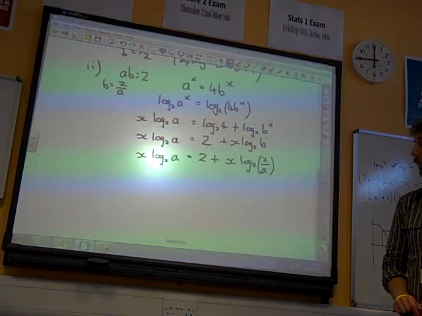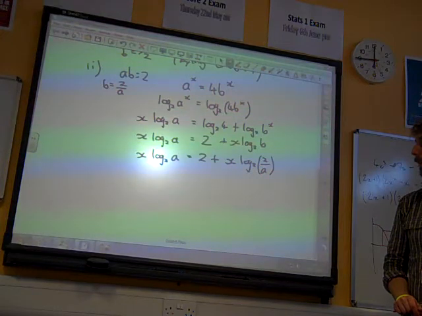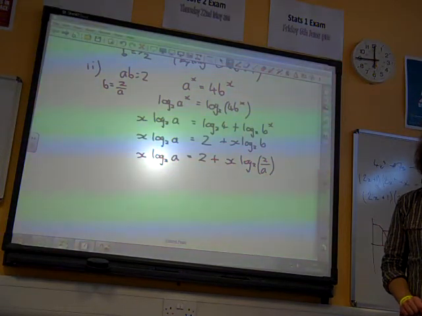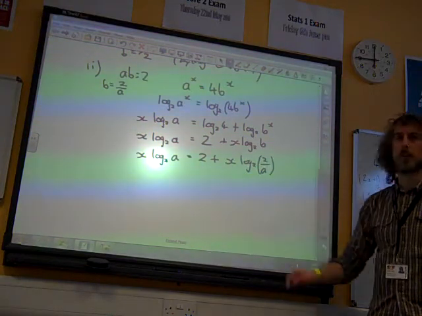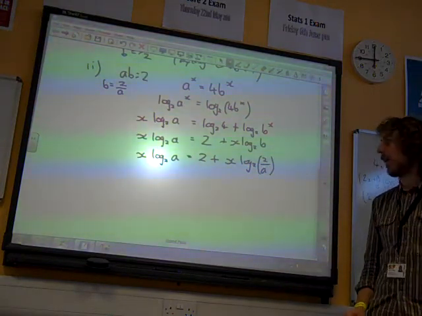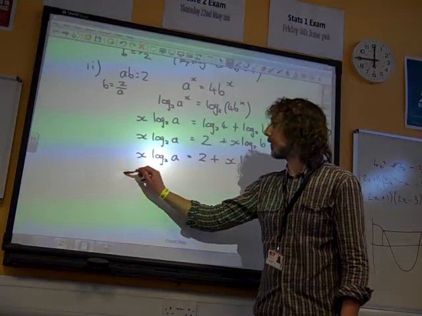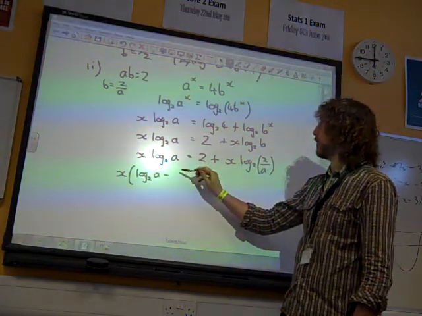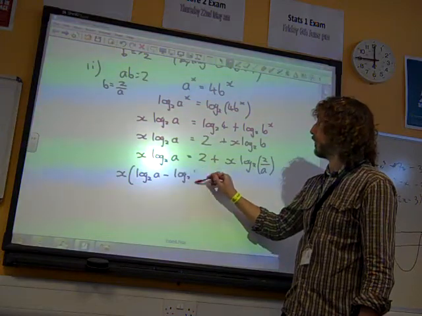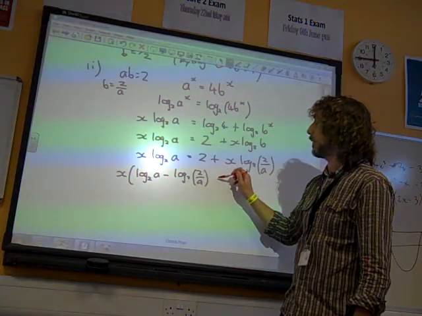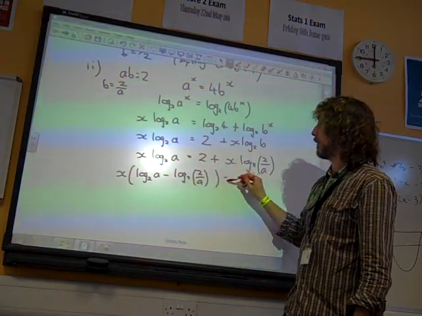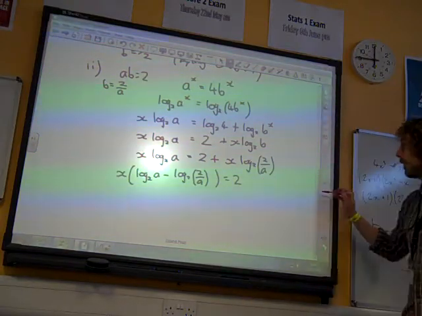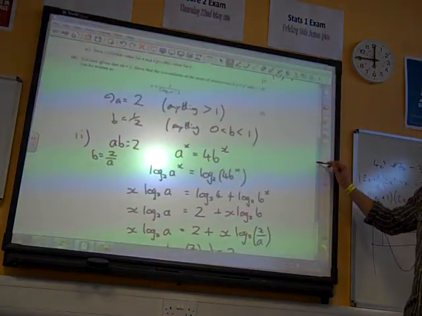And, well, shall we try and collect like terms together? Shall we do something with that now? We've got these 2 things involving x, so let's get them over onto the left-hand side. We've got x times log base 2 of a minus log base 2 of 2 over a equals 2.